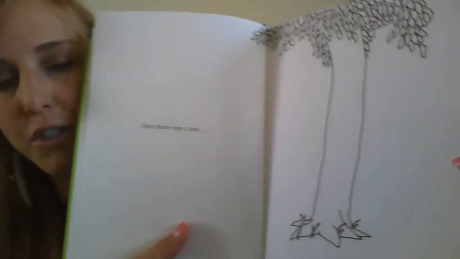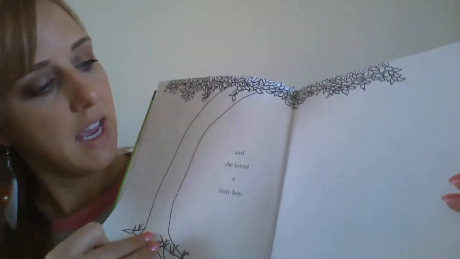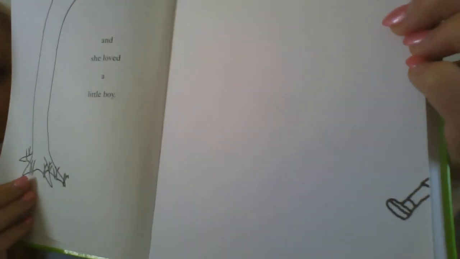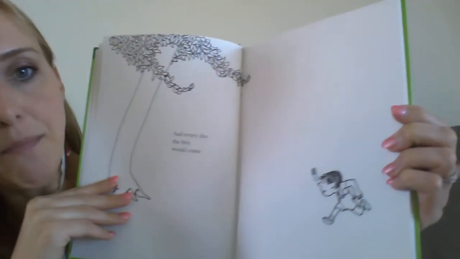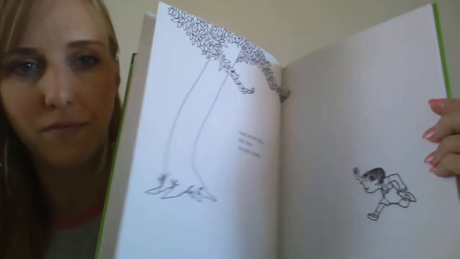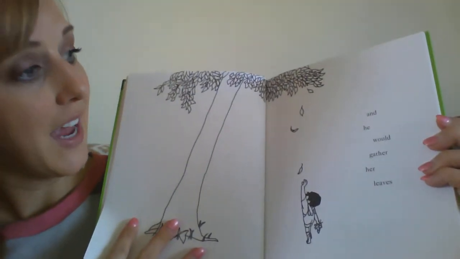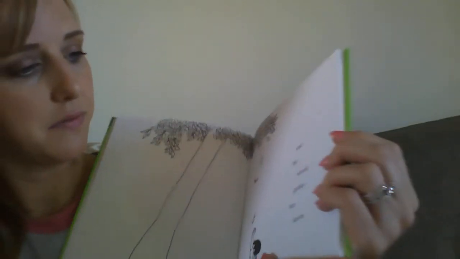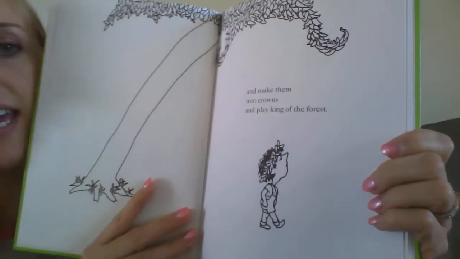Once there was a tree, and she loved a little boy. So you can see his foot coming out of the page over there. And every day the boy would come and he would gather her leaves, and make them into crowns and play king of the forest.